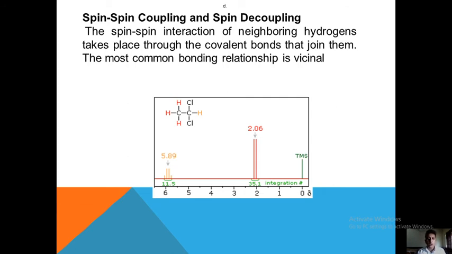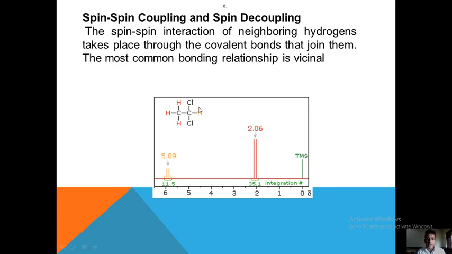If you could cause the other protons in the molecule to undergo similar spin averaging, their spin coupling influence on the adjacent nuclei would cease. Some NMR experiments make this possible, and this technique is called spin decoupling. Here we clearly see that when the adjacent proton is hidden, the multiplicity changes.